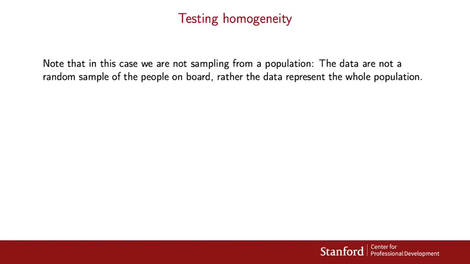The first thing to note is that we are not sampling from a population. The data we have are not a random sample of the people on board, rather the data represent the whole population. So this is not the usual setup where we sample from a population. But it may still meet the assumption that we draw independently.